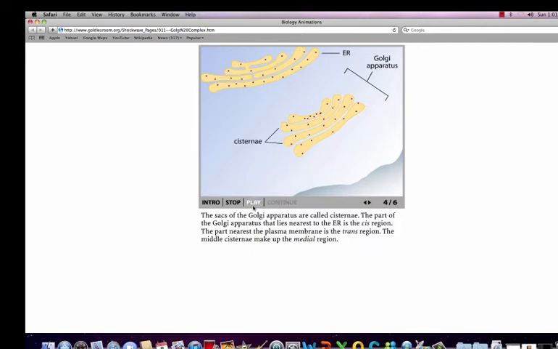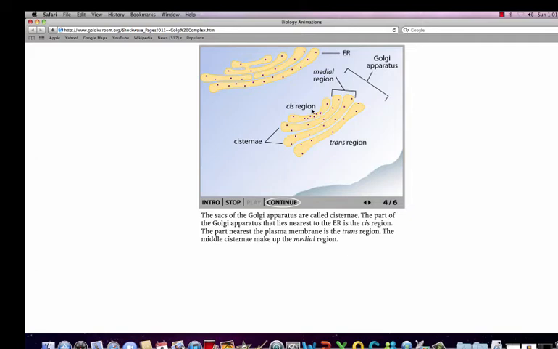Okay. There are cisternae, so these regions are called cisternae. Of course, this is the cis face, and this is the trans face of the Golgi, and the middle region, or the medial region of the Golgi. Okay? So remember that the part closest to the ER is the cis face.